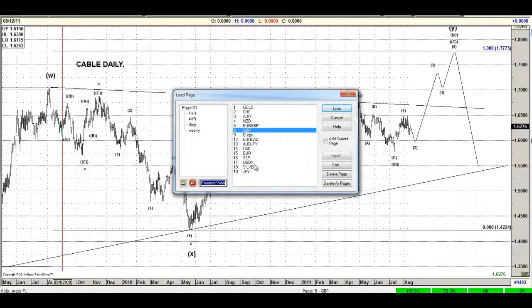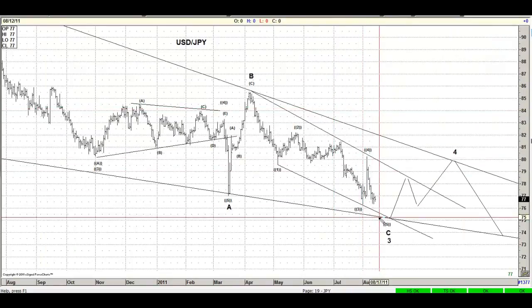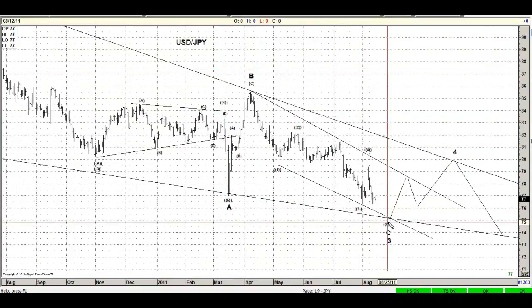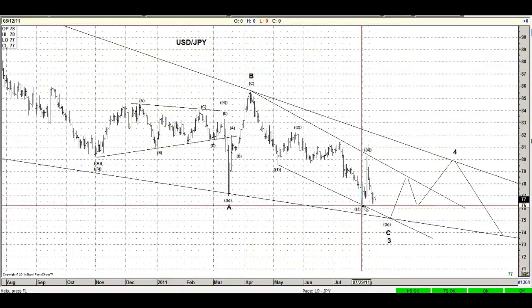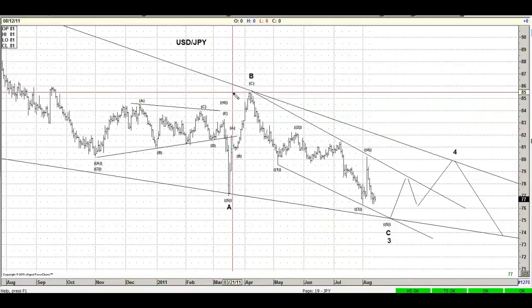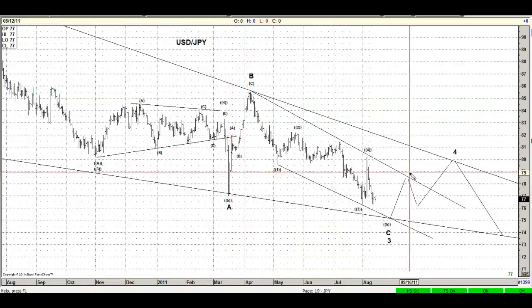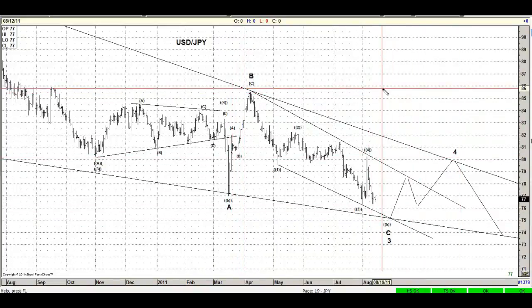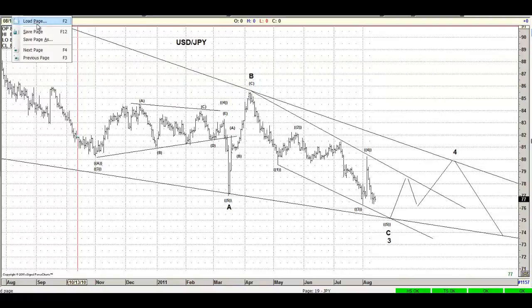On the yen pairs, what we see is that the dollar yen is possibly ending wave C of a 5-wave move from this area around 86 and change before turning higher again in a proposed wave 4.